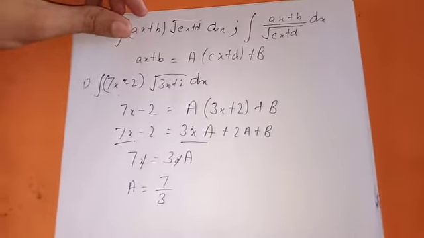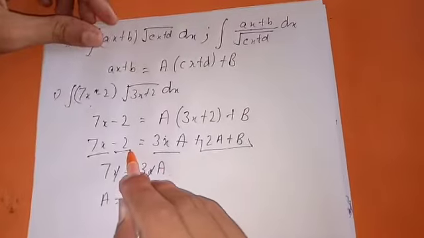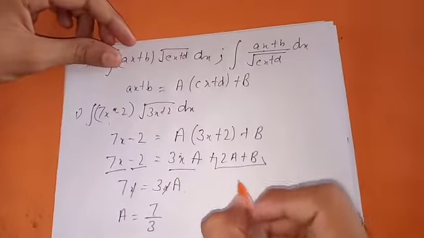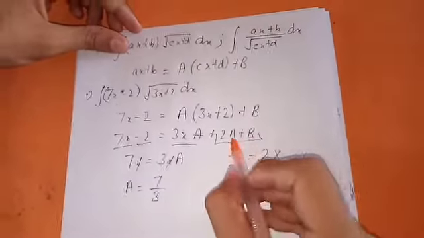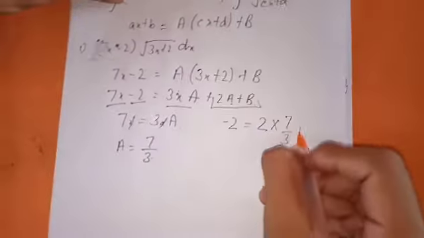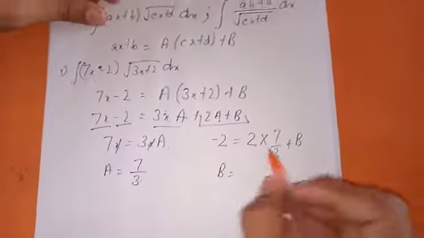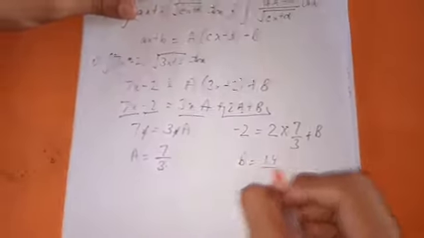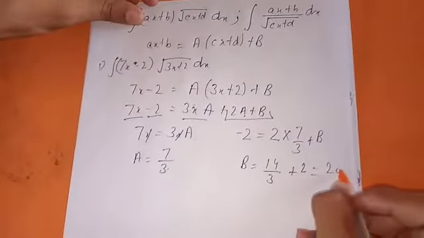This is the value of a. Now similarly, this whole is constant and this is constant, so we can equate them. So minus 2 is equal to 2 into the value of a, 7 by 3, plus b. So the value of b will be minus 14 by 3 minus 2, so that will be minus 20 by 3.